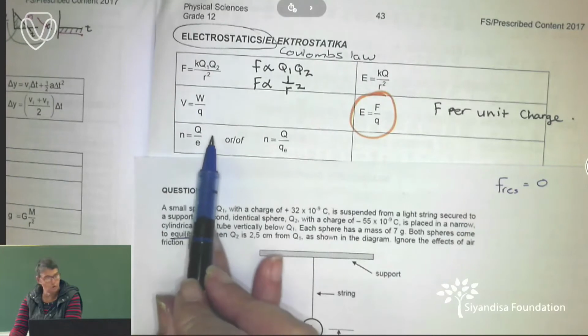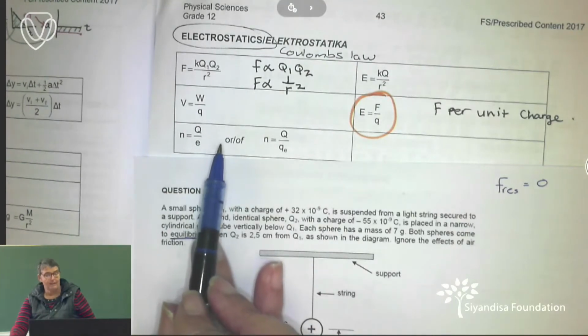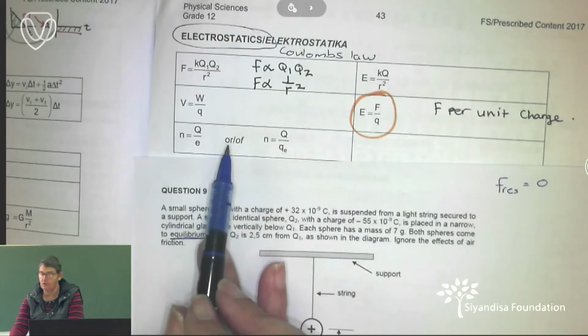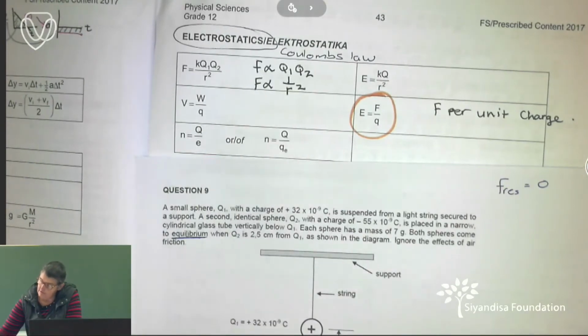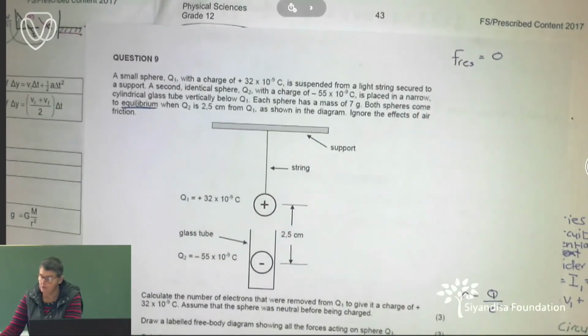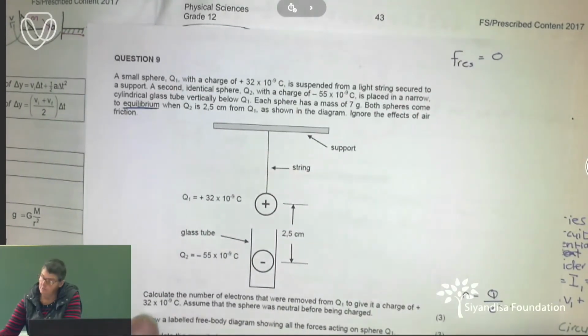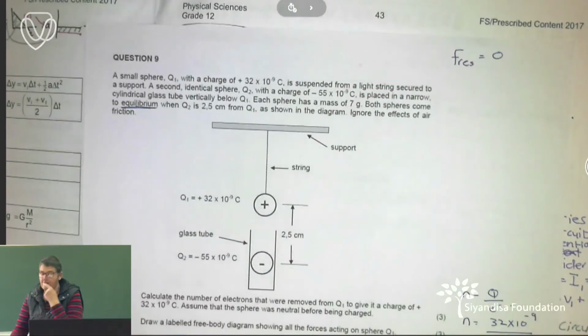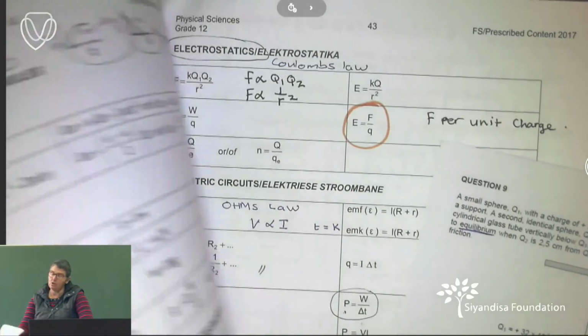N is equal to Q divided by the charge on an electron. Okay. And Q is quite easy because they've given us Q here. So it's going to give us N is equal to 32 times 10 to the negative 9 over the charge of an electron. Now, what is the charge of an electron?